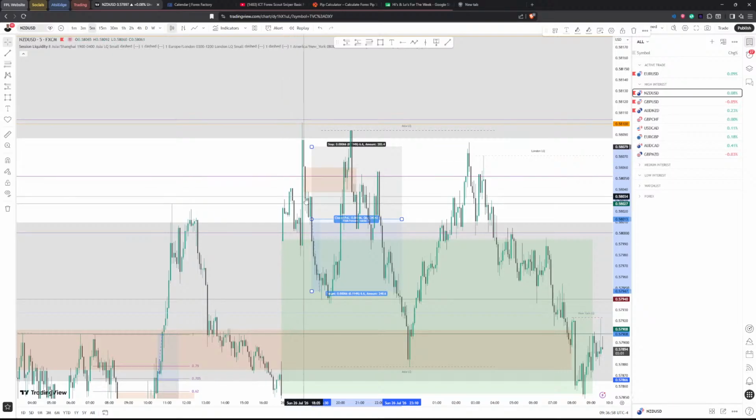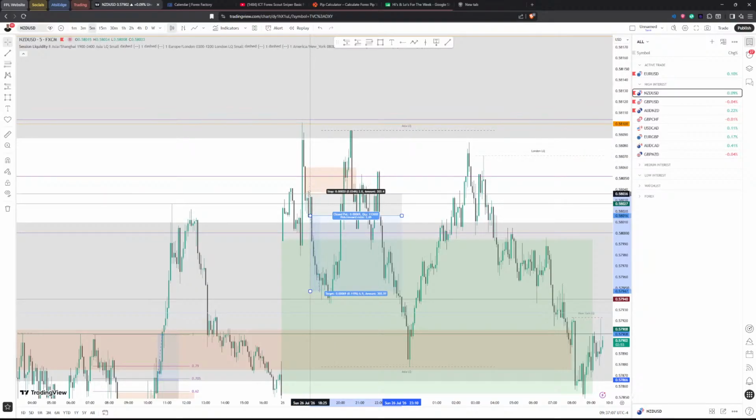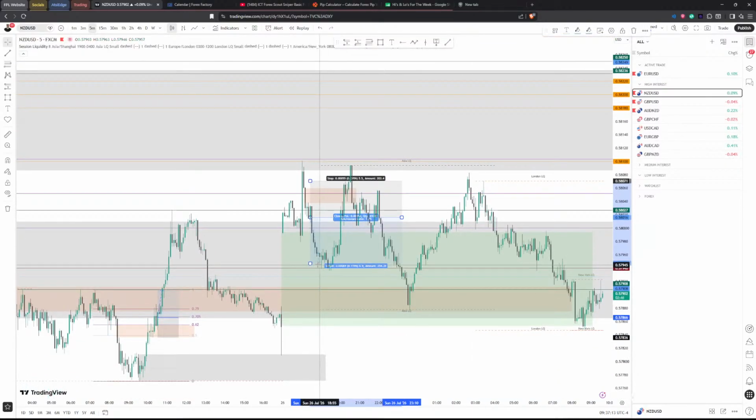So I got in at 58016. So I got in here. So loss was 5807. I was above this order block. So above this order block with some change. This was my trade that I was taking right here.